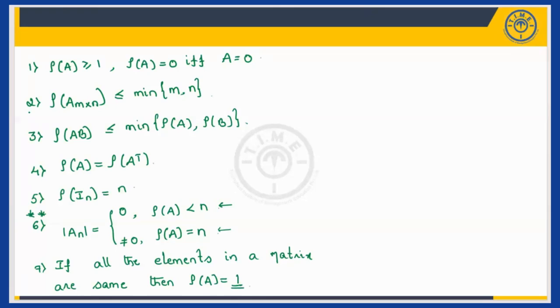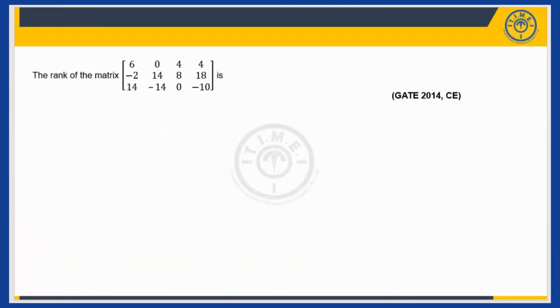No matter what the order of that matrix is, the rank of that matrix is always equal to 1. Okay, right. Now, find the rank of the matrix.